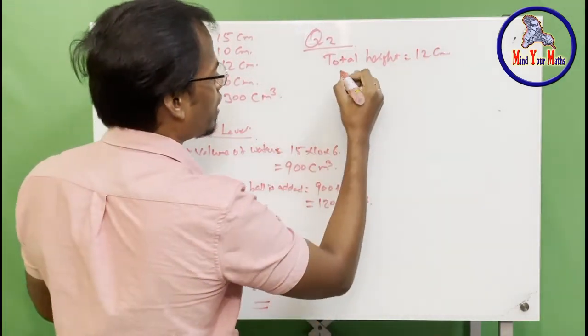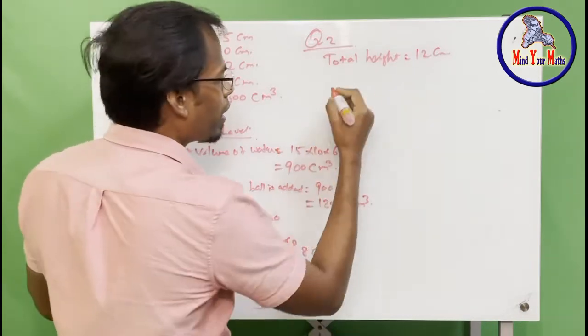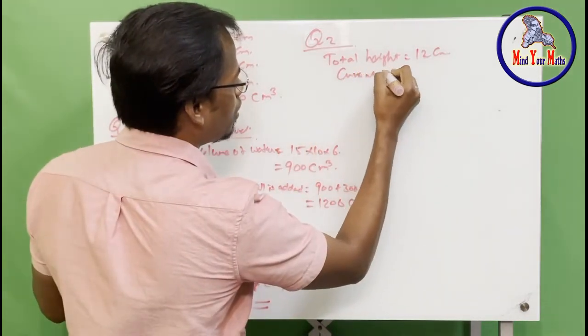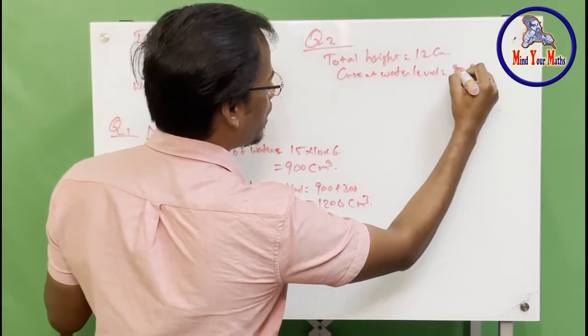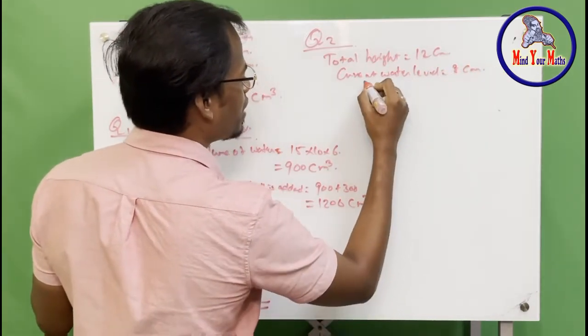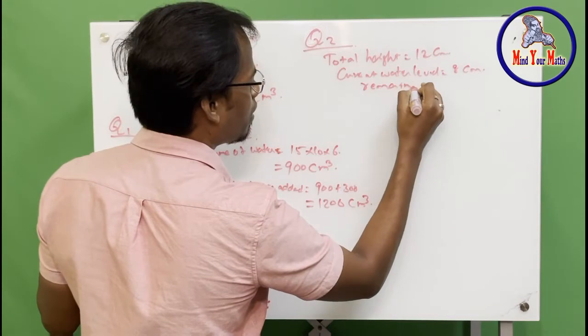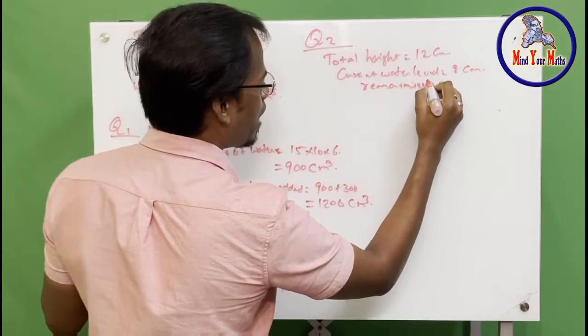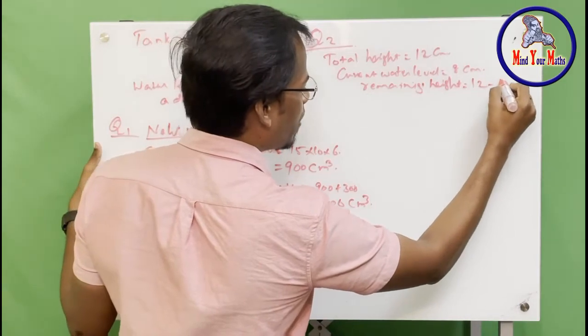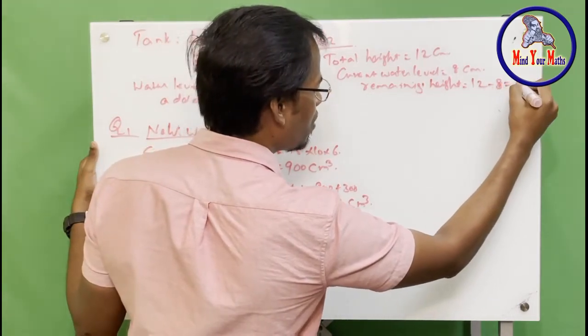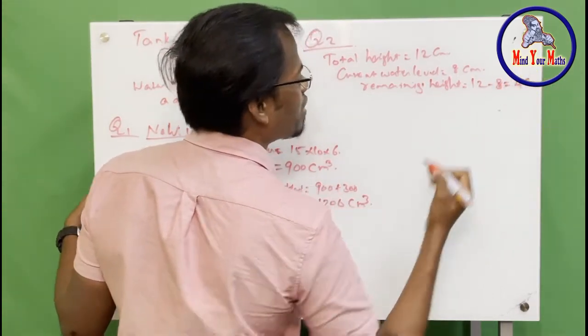The current water level after dropping the ball is equal to 8 centimeter, right? Remaining height is equal to 12 minus 8 equals 4 centimeter.